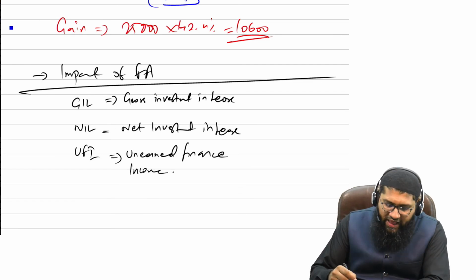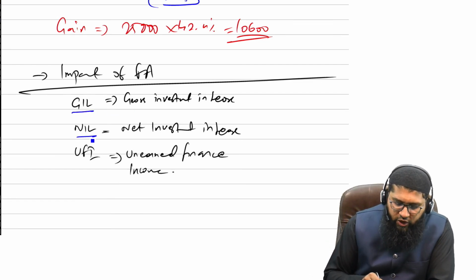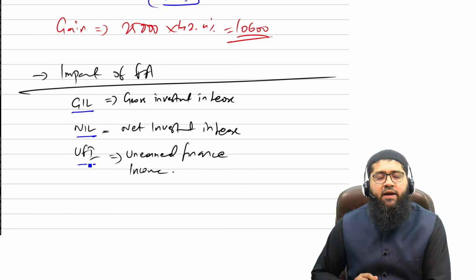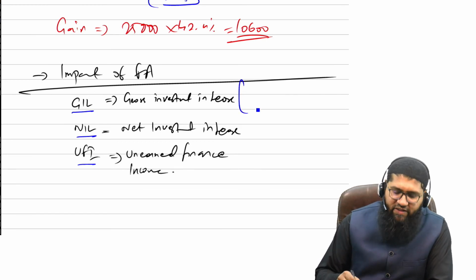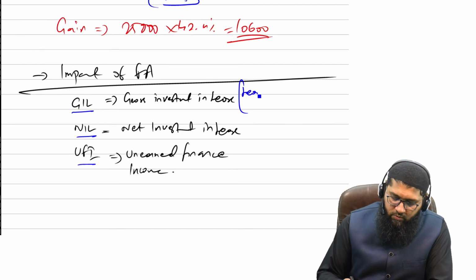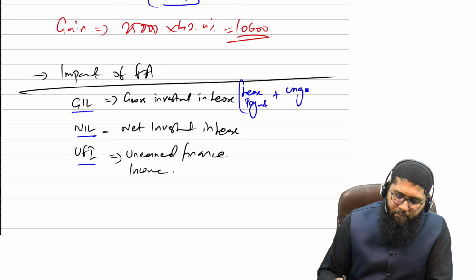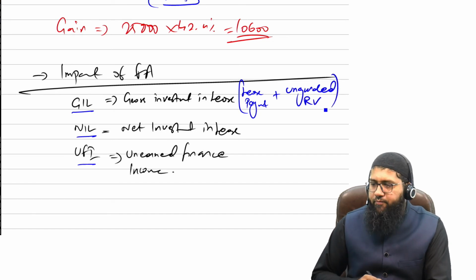Now, when we talk about this gross investment, net investment, unearned finance income, let's try to understand this. Basically, gross investment in the lease is your lease payment plus unguaranteed residual.